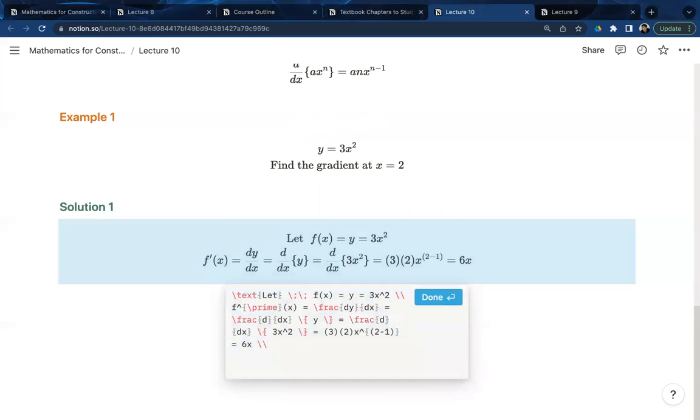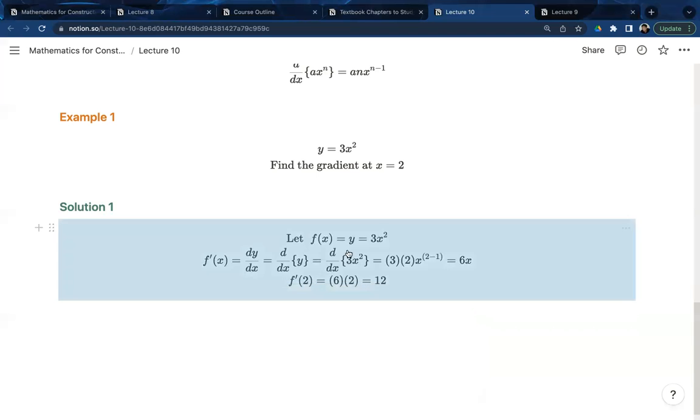So I could say f prime of 2, because they wanted when x equals 2, right? You substitute 2 into the gradient function. So this is 6 times 2, which is 12. So for the curve y equals 3x squared, the gradient at x equals 2 is 12.